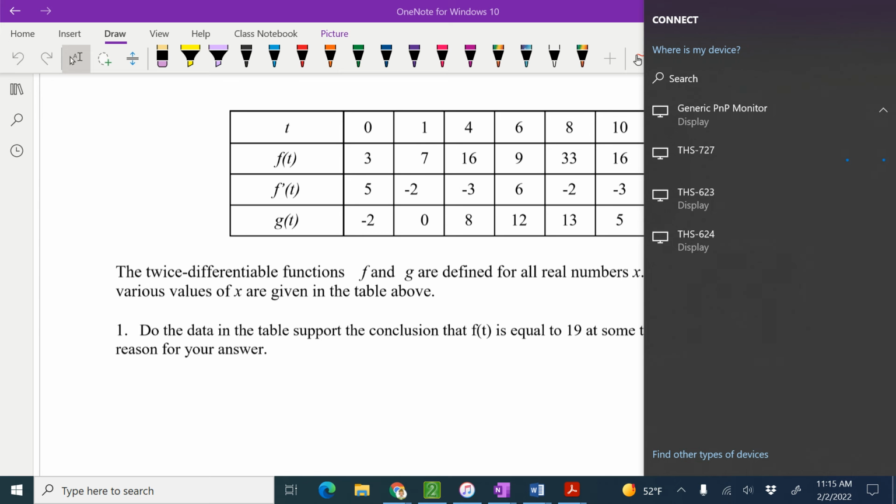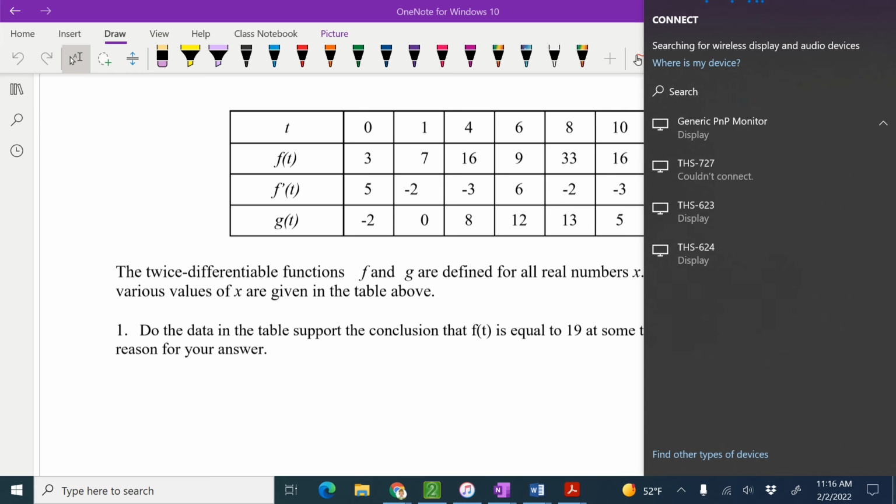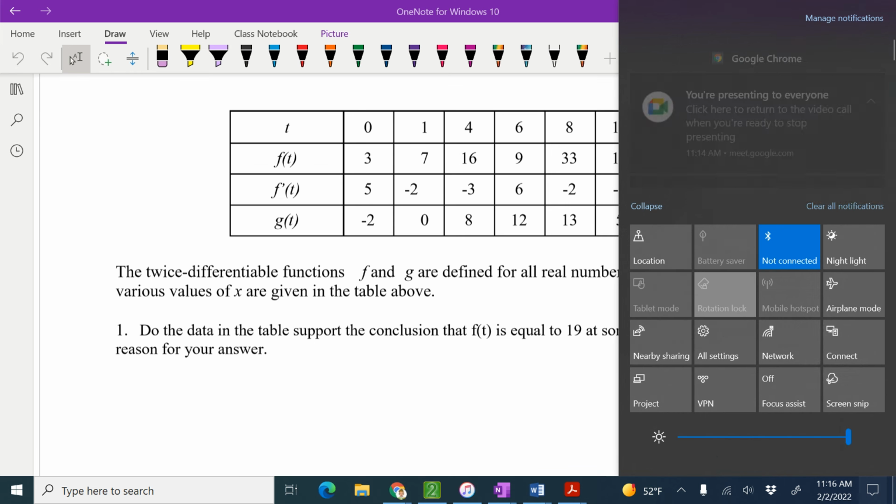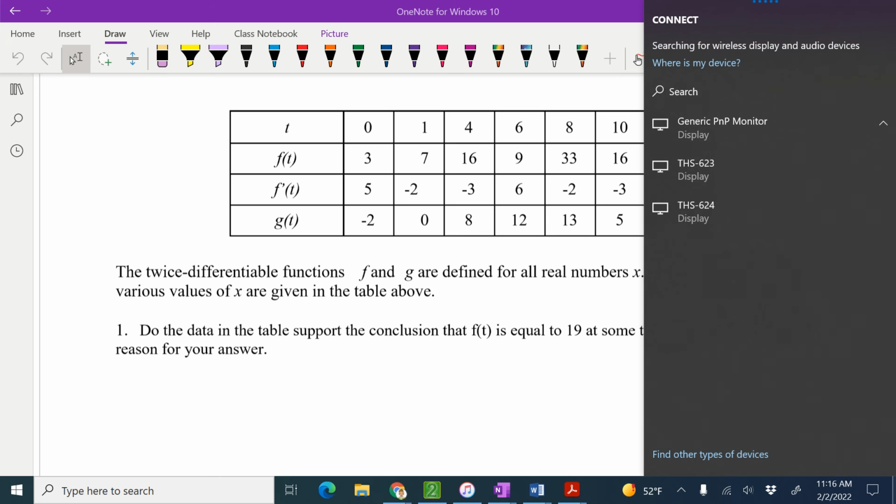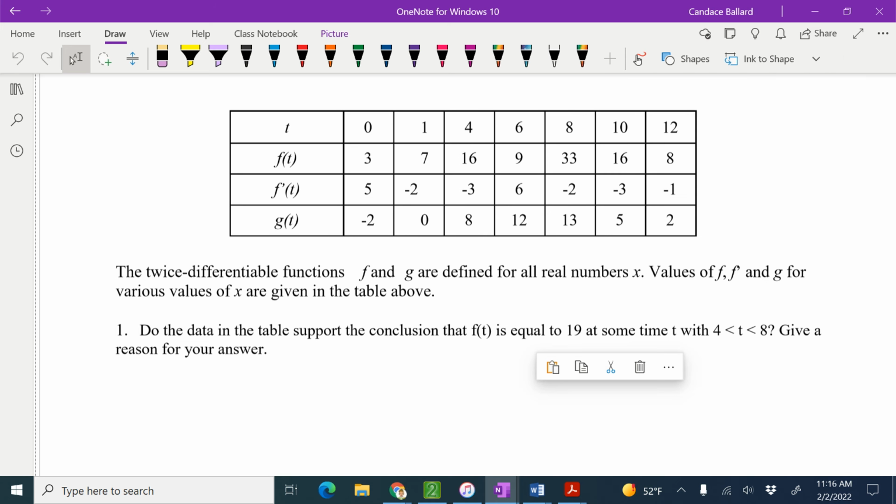I don't like the new one. It disconnects way more than the old one did. Couldn't connect. Let's try this again. It won't even bring it up.